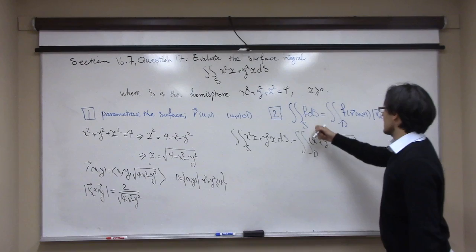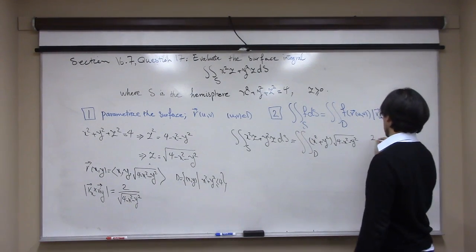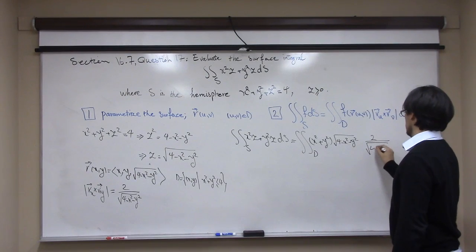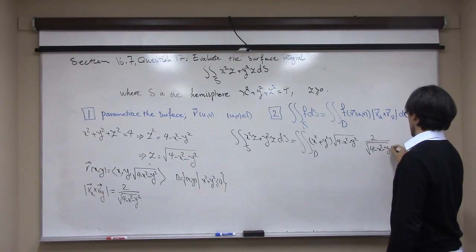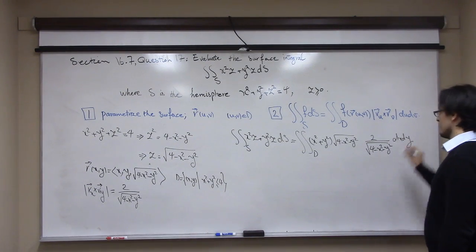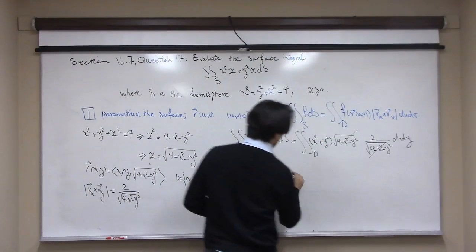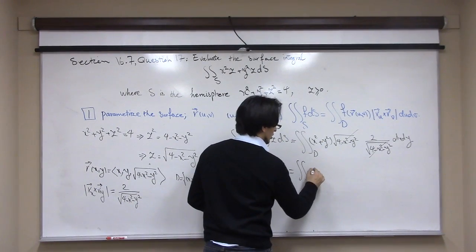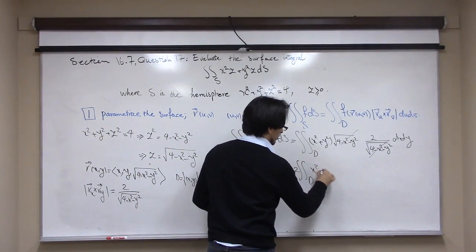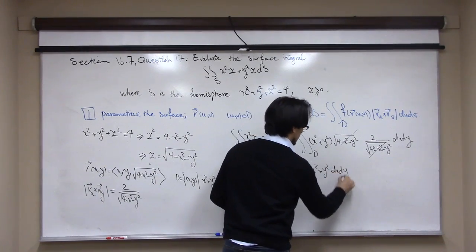And then dS is the length of this, which I already found, and it is 2 over the square root of 4 minus x squared minus y squared dx dy. Okay, for now I can cancel these two, and I can rewrite this as 2 times the double integral of x squared plus y squared dx dy.